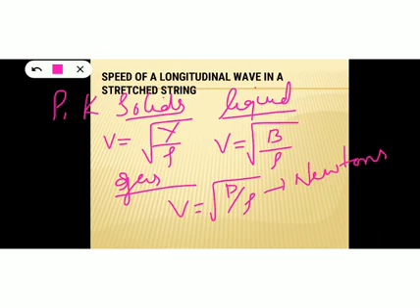Newton derived this formula thinking that sound waves propagate in the form of condensations and rarefactions, and that these compressions and rarefactions are an isothermal process. We will study the isothermal process later. So according to Newton, these compressions and rarefactions of sound waves were isothermal. Hence the modulus of elasticity is equal to pressure P.